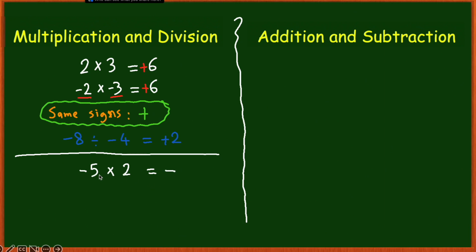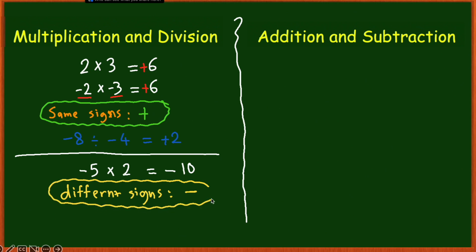And we just multiply normally. 5 times 2, that's a 10. So that is the second part of the rule actually. Whenever we have different signs in multiplying and dividing numbers, we always end up with a negative sign in the answer. So that's general. Whenever we have different signs, the answer must have a negative sign.